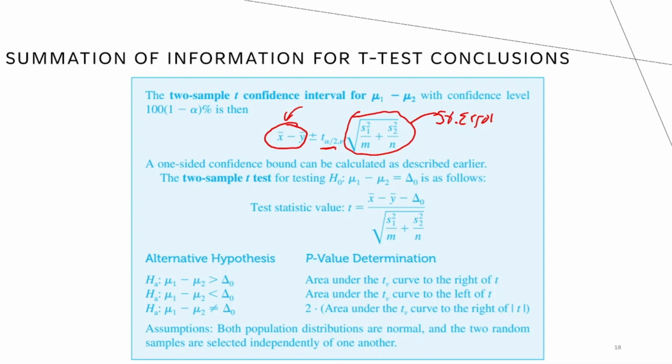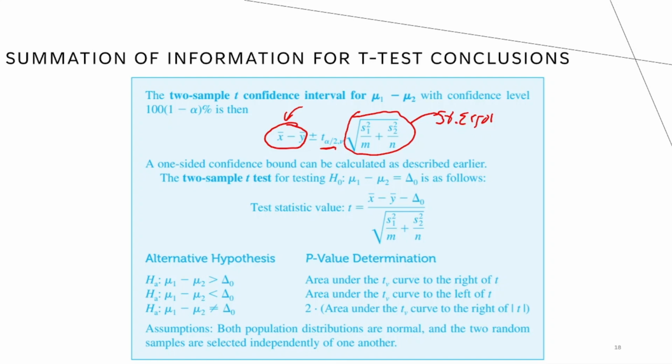So again, the idea with the confidence interval is that if you have a value outside of it, then that's significantly different than your point estimator, and you can use that information to validate the idea that you could reject a null hypothesis. A one-sided confidence bound can be calculated as described earlier.